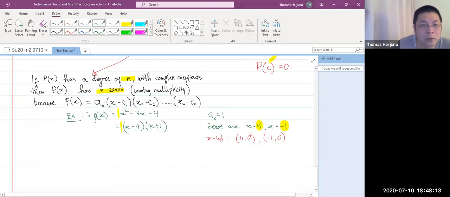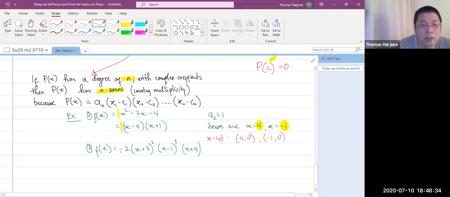Another example, suppose I have f(x) equals negative 2 (x + 3) squared, (x - 1) cubed, (x + 4).